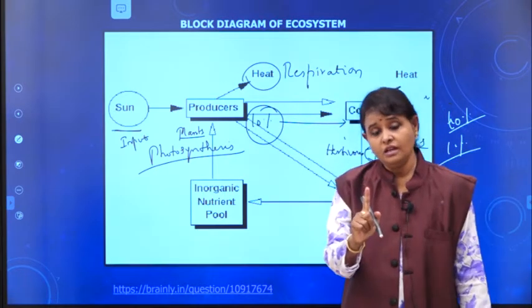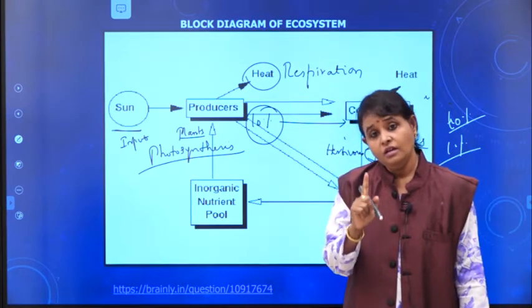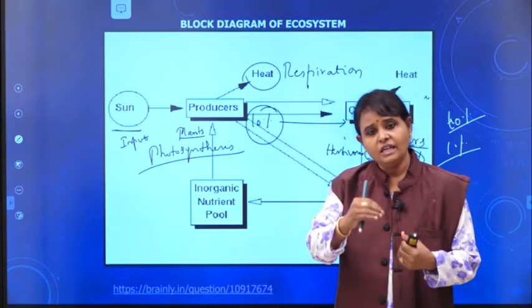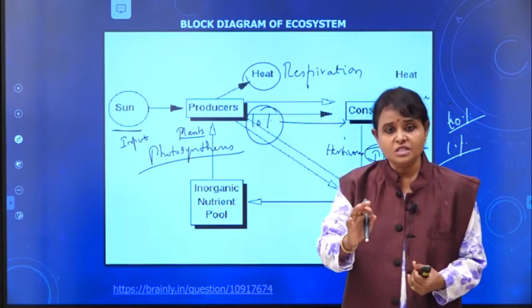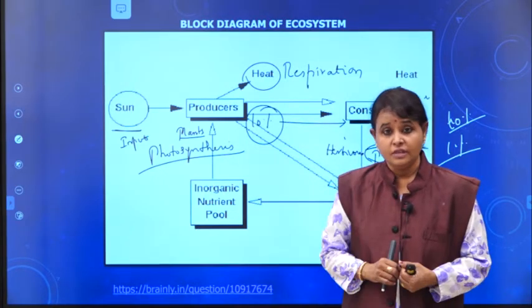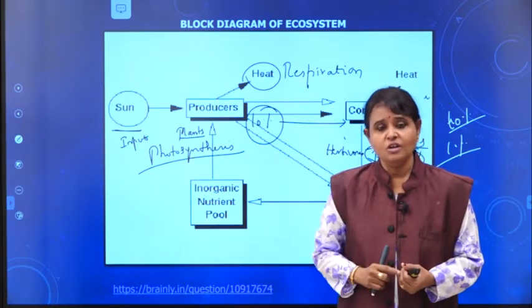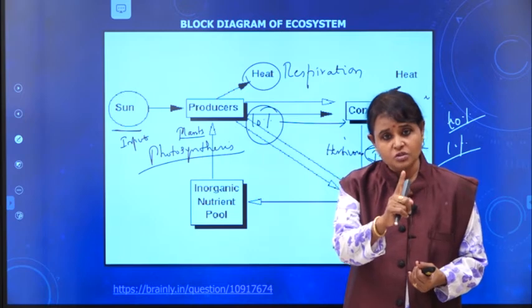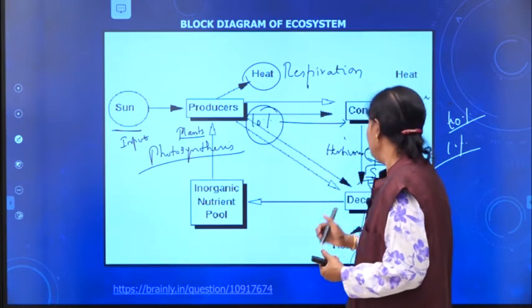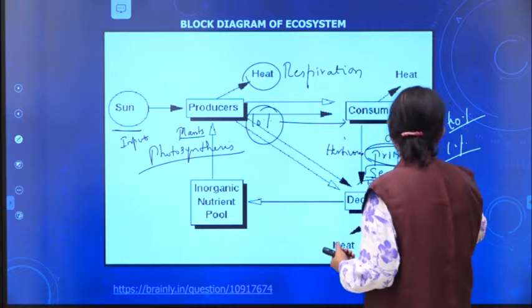Only 1% energy go to the primary consumer. That means what is happening? At each step 80 to 90% of energy is lost, dissipated into the environment. That's why out of 10% only 1% of energy goes to the herbivore. From herbivore the energy goes to secondary consumer.